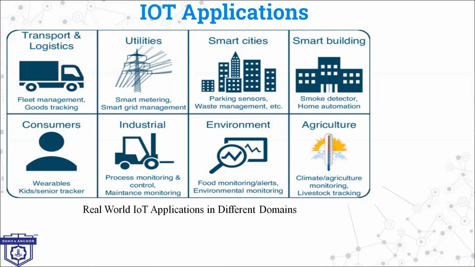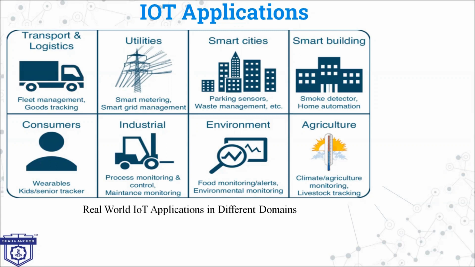Next one is the smart building, where we have the smoke detector, then home automation. Then for the consumers, we have wearables, and kids or senior trackers with the help of smart watches. We can easily track them through GPS.